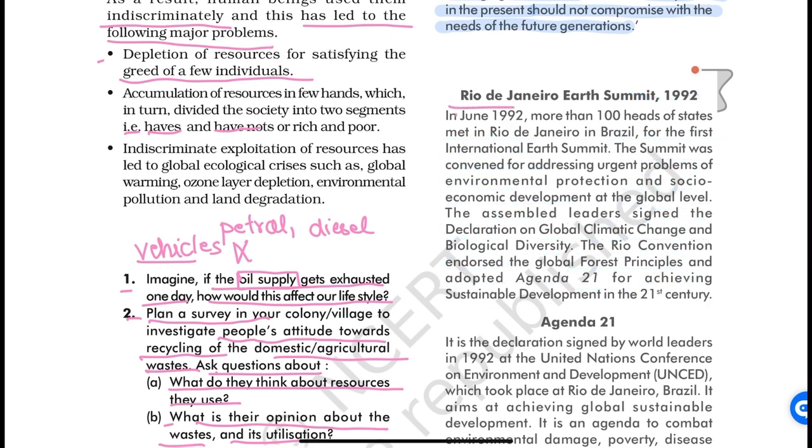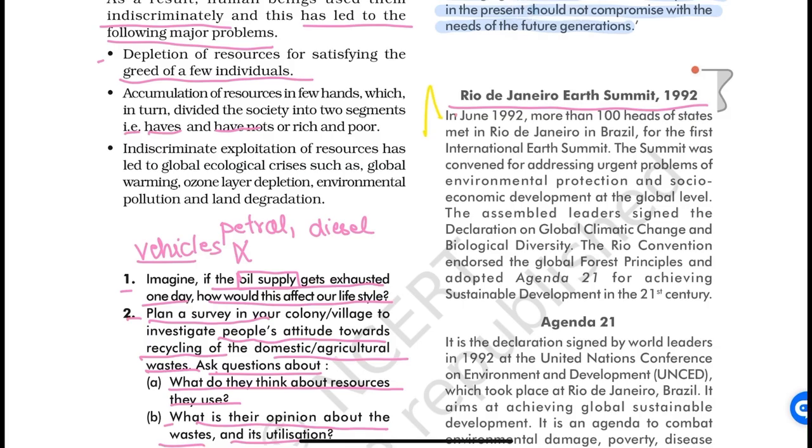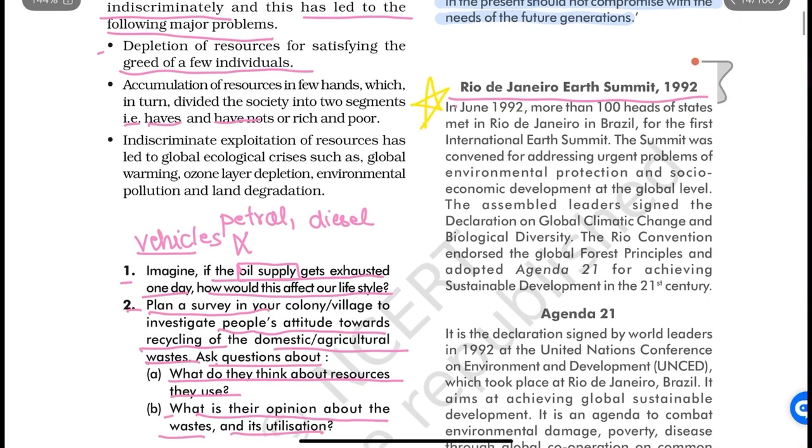Okay, Rio de Janeiro Earth Summit. This is a very important point, so you can also highlight it. Year and month you should remember: June 1992. I am highlighting it. June 1992. 100 heads of states met in Rio de Janeiro in Brazil for the first.